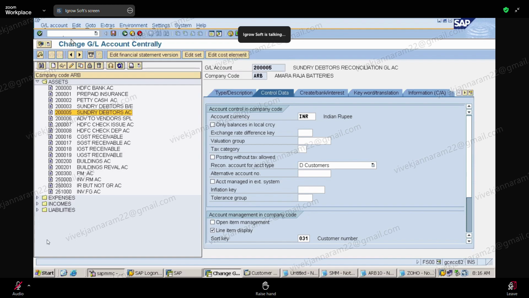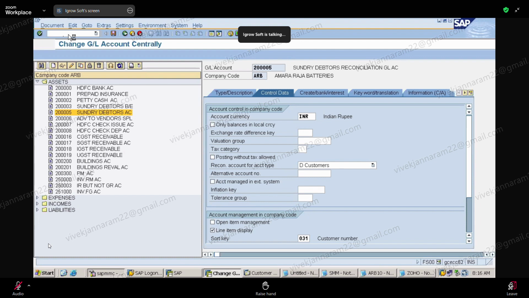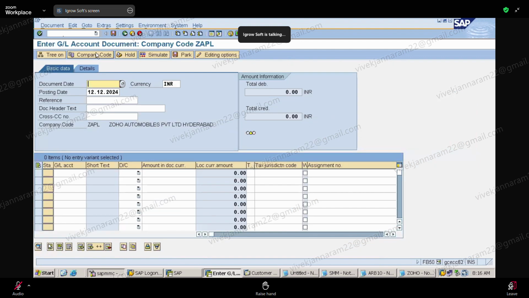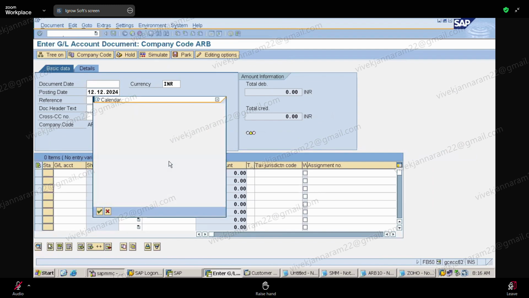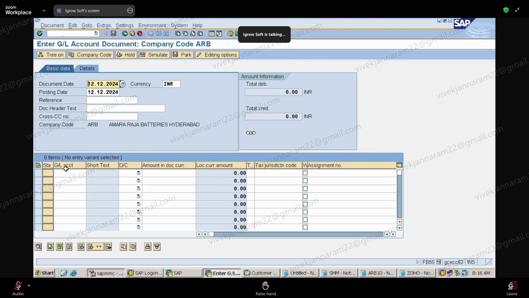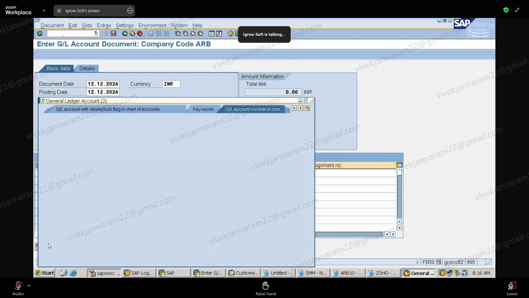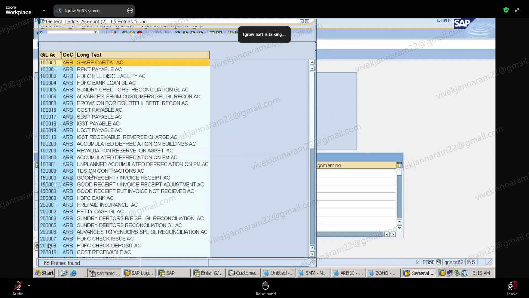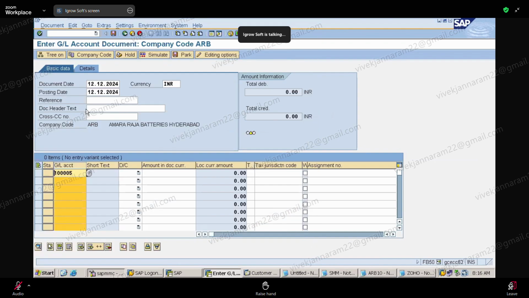I will show you. I will go to FD50. Suppose I am trying to post, using some other company code for now. I give my sundry creditors account, debit, some amount.